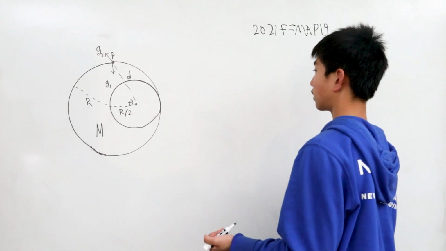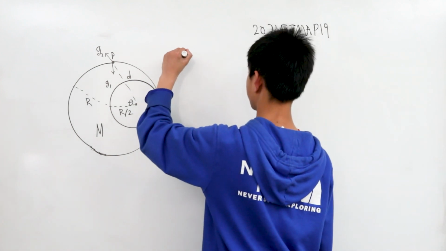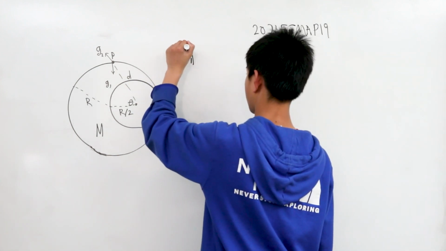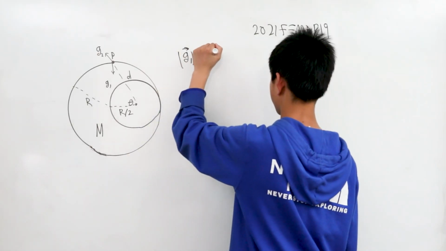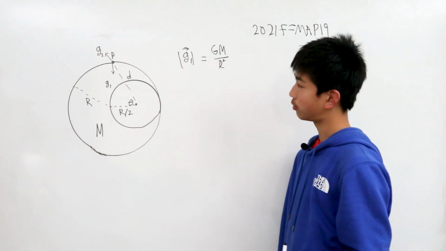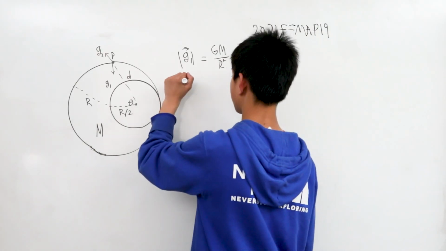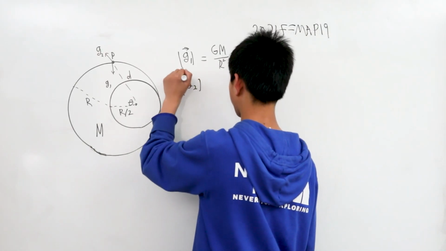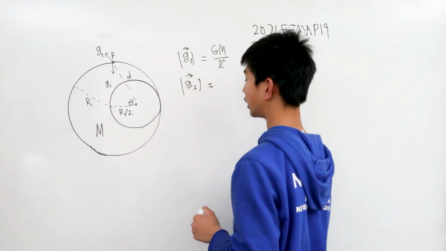So for field 1, G1, this is pretty simple. It's just Gm over r squared, like usual, you know, gravitational fields. But for the second one, it's going to be different.